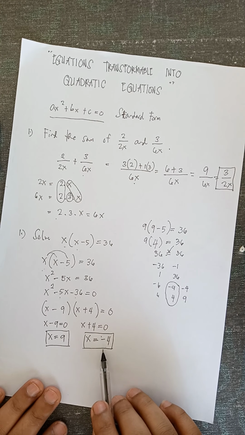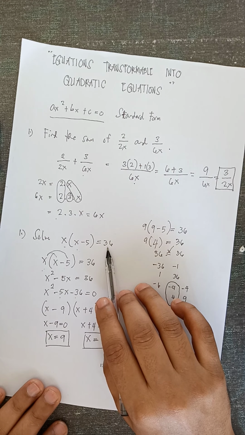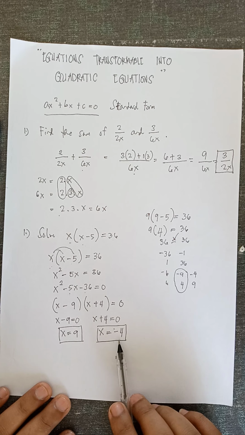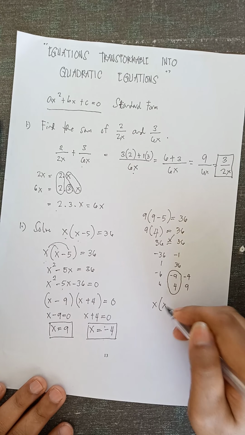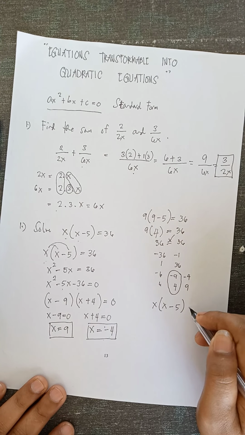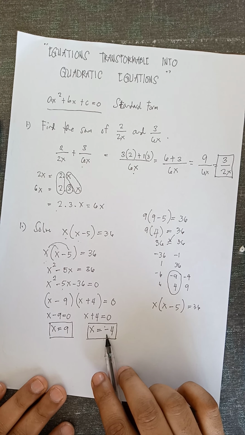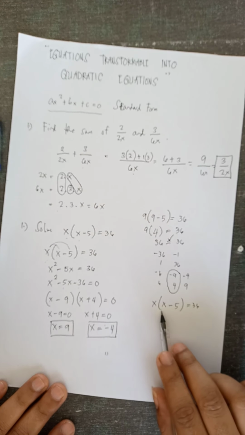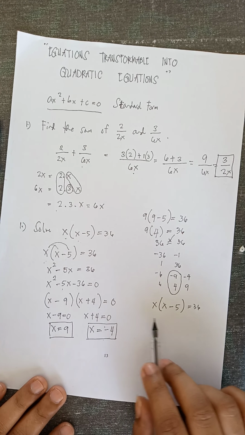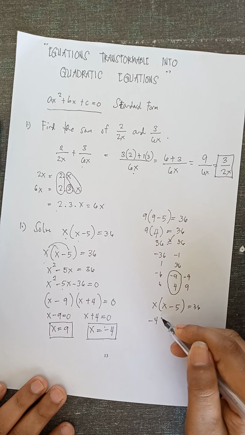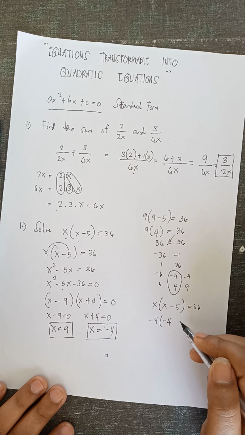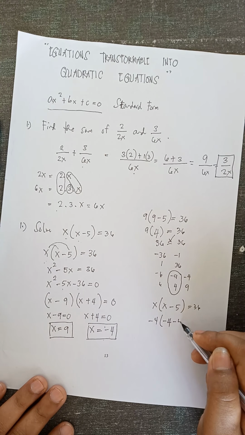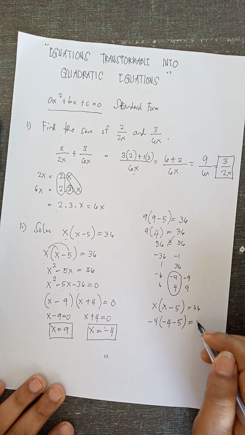How about negative 4? Is it true, will it equal 36 if we substitute negative 4 for the value of x here? So x times x minus 5 equals 36. Substituting negative 4 for x, we have negative 4 times negative 4 minus 5 equals 36.